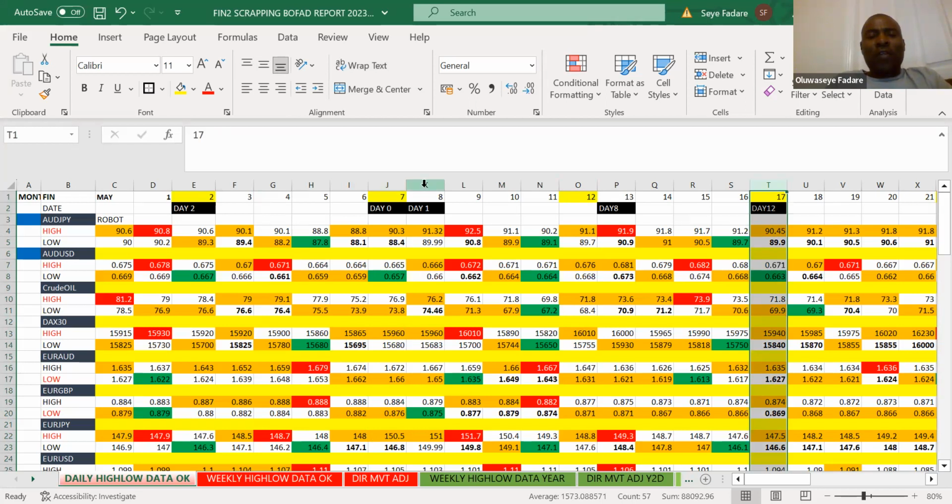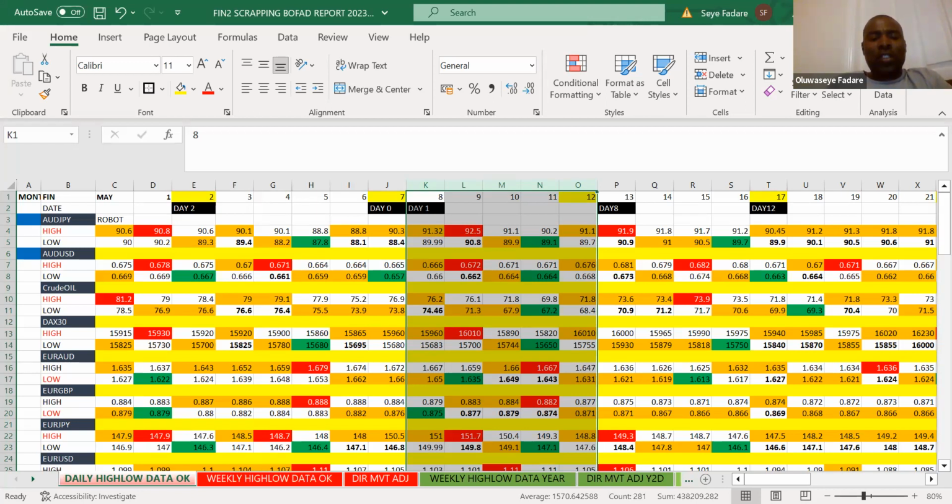So every week between Monday to Friday, we have our summary. From these 5 days, I identify the highest price for the week and the lowest price for the week. Every week, this information is gathered and replicated in this column, which is the weekly high and low data.